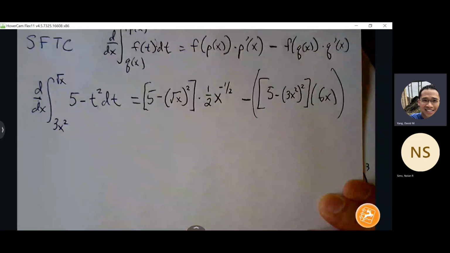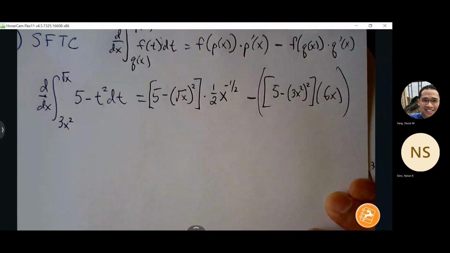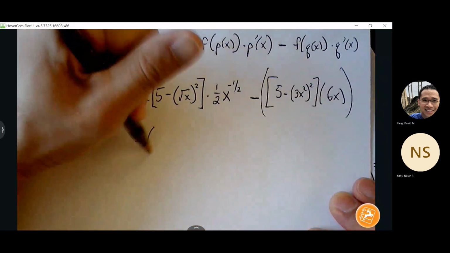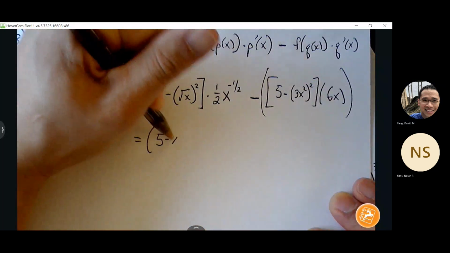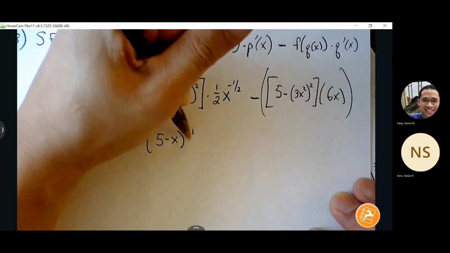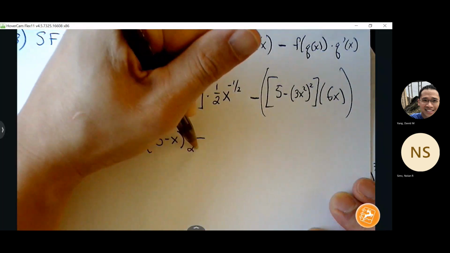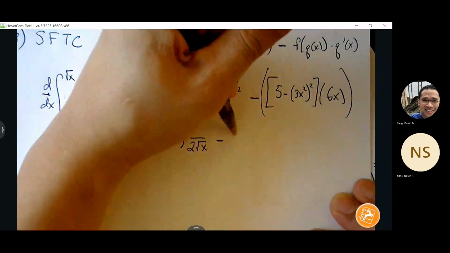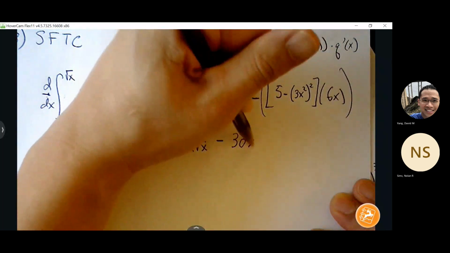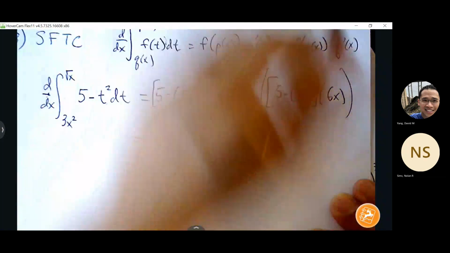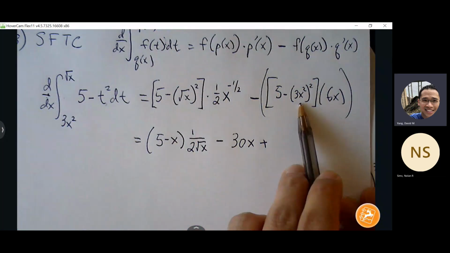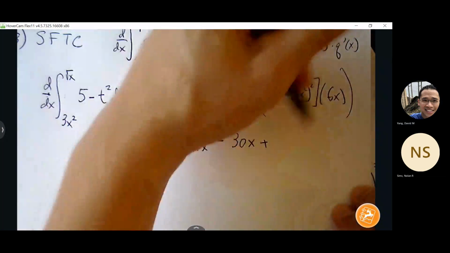Big parentheses there. All right, do some cleanup. So this cleaned up would be 9x to the 4th, 9x to the 4th times 6x.